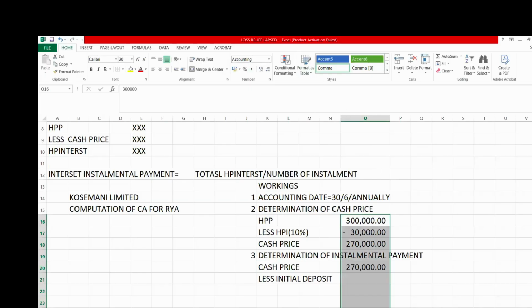Let me go to the question. From the question, we are told that the initial deposit is 100,000 naira.